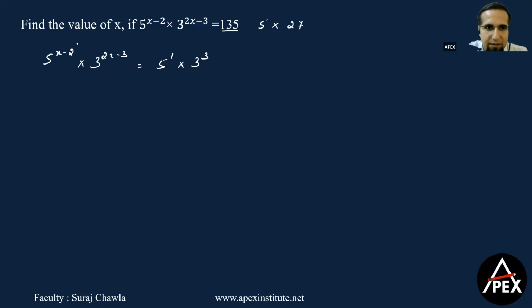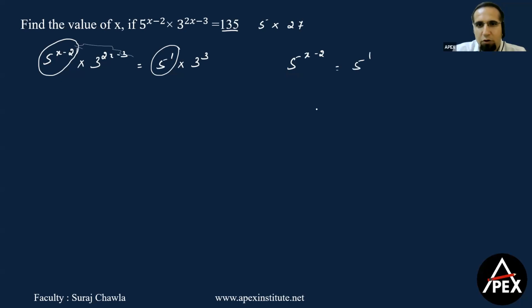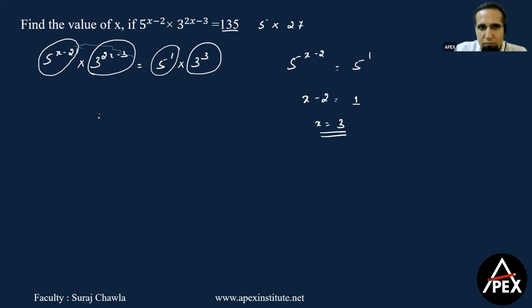Now, what I can see is this 5 to the power x minus 2, and I have on the right hand side a 5 to the power 1. So I can equate both of them. So if 5 to the power x minus 2 is equal to 5 to the power 1, I can say x minus 2 is equal to 1, or the value of x is equal to 3. Similarly, we can also equate 3 to the power 2x minus 3 is equal to 3 cube.